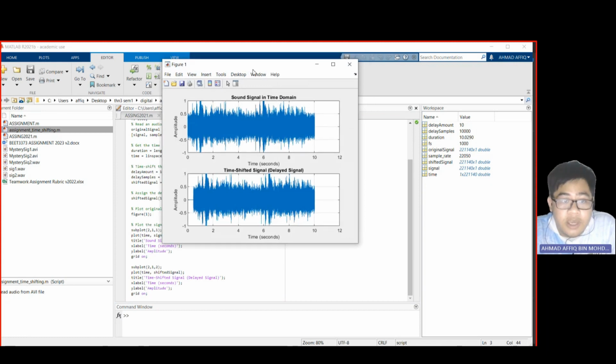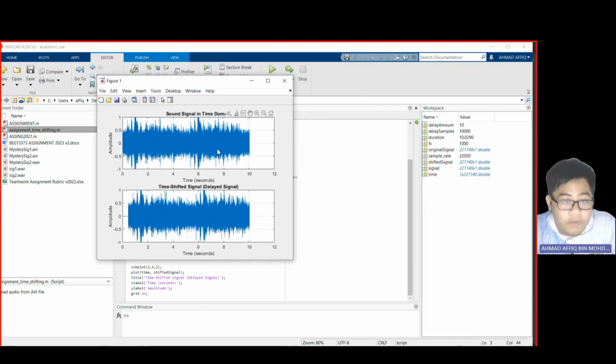Okay, you can see here the output of the signal. Above is the original signal, and the bottom is the time shift signal, which has been advanced by at least 1.5 seconds. Okay, that's all for me.